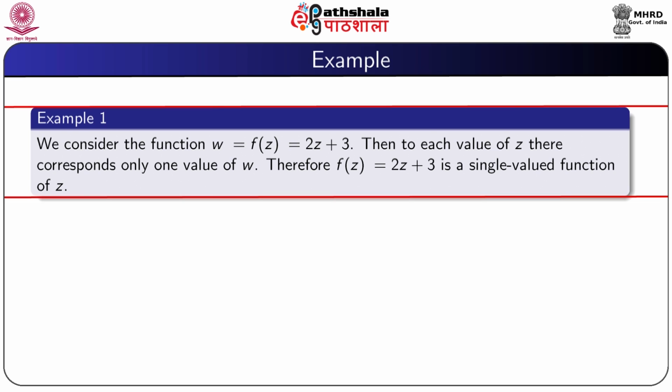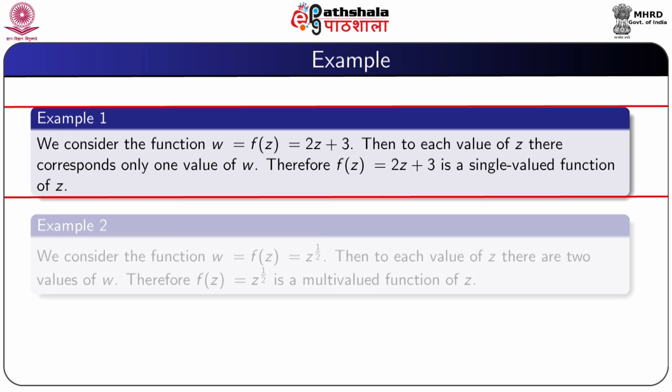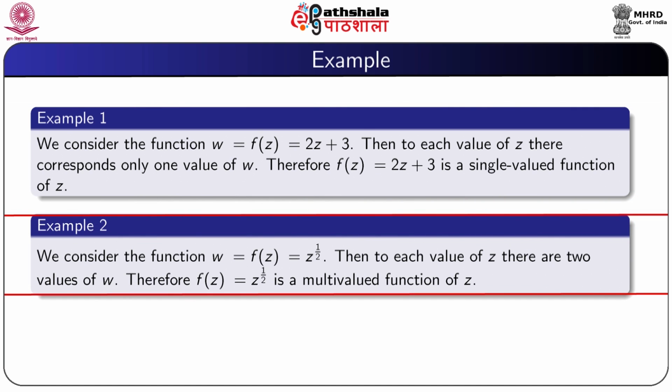Therefore, the function f of z given by 2z plus 3 is a single valued function of z. Another example, if we consider the function w equal to f of z equal to z to the power half, then to each value of z there are two values of w.